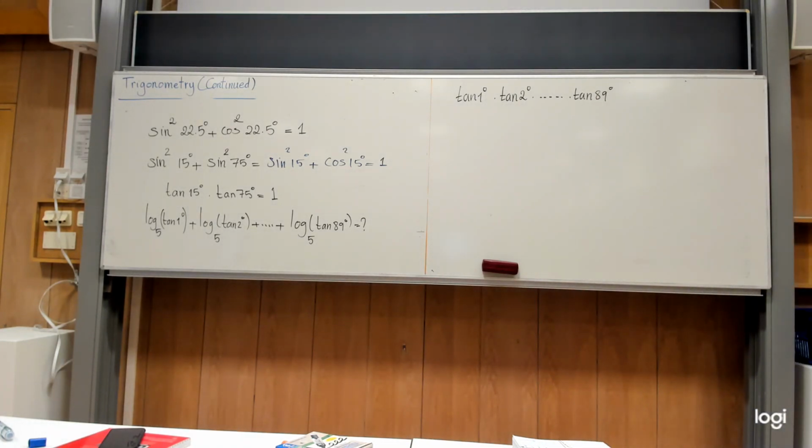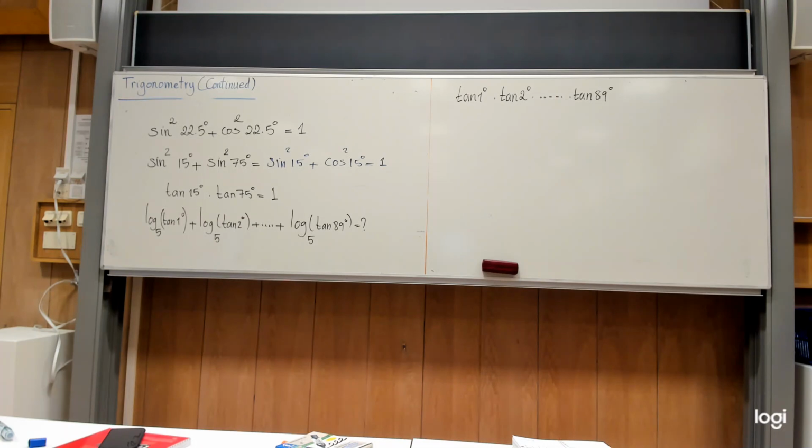So A-level questions are of this type, by the way, in Math 4, so you need to be careful. Tan 1 and tan 89 are complementary angles, so the product is 1. Then that's times tan 2 times tan 88.